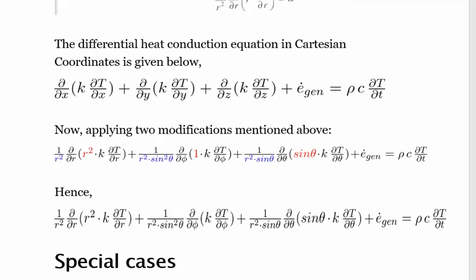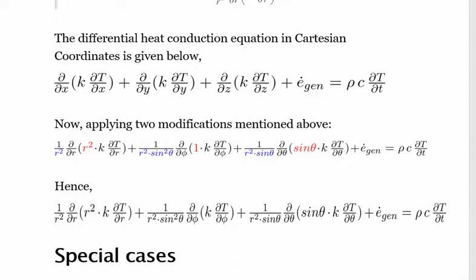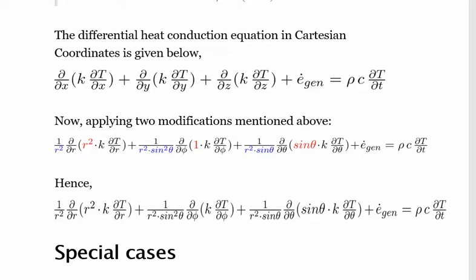If we take a comparison between the Cartesian and the spherical coordinates, we are able to understand that there is not much difference between them. Only the Cartesian coordinates have been transformed to the spherical coordinates. All the values are the same.